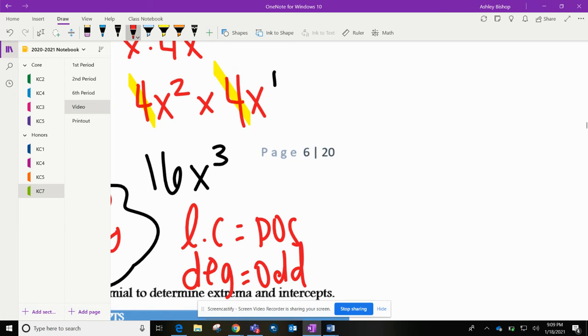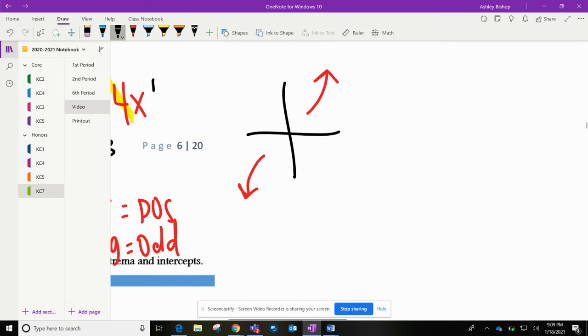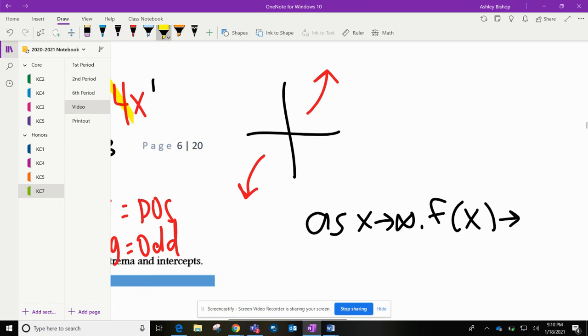And I know then that my graph that has a positive leading coefficient means that the right is going to go up, but a degree that is odd means they're going to do opposite things. So my left is going to go down. Then based on this, my end behavior is going to be as x approaches positive infinity, f of x is going to approach, well, as x goes to the right-hand side of my graph is going up towards infinity.